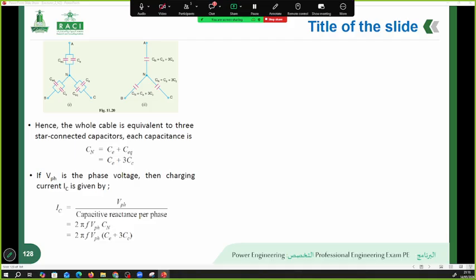The circuit shown combines the star-connected core-earth capacitance with equivalent star-connected capacitances from the previous delta-star conversion. This second diagram simplifies the circuit further by showing the total equivalent capacitance per phase as a single star-connected capacitance. So finally, we can find the equivalent capacitance.